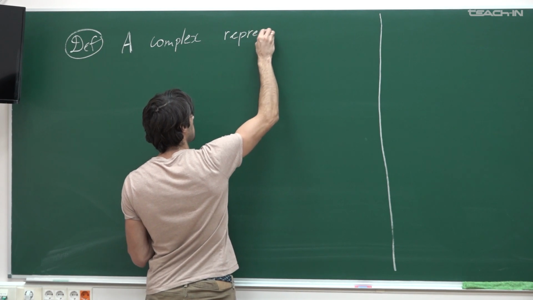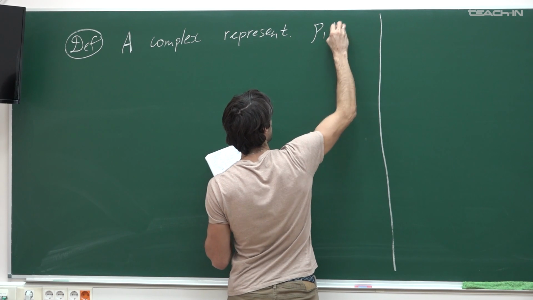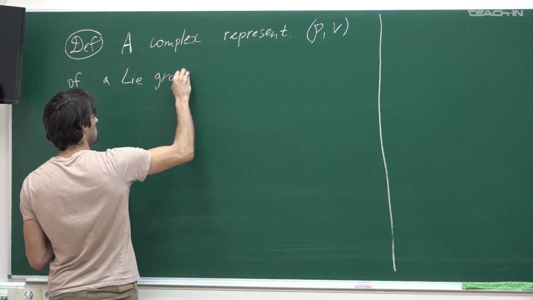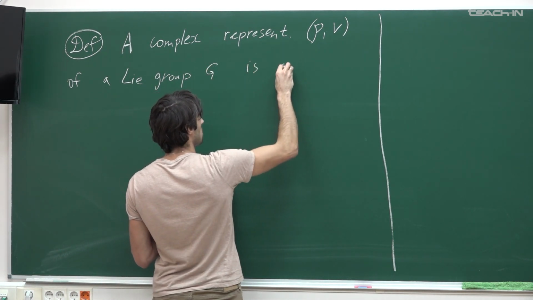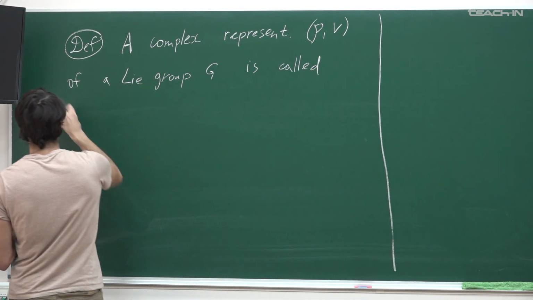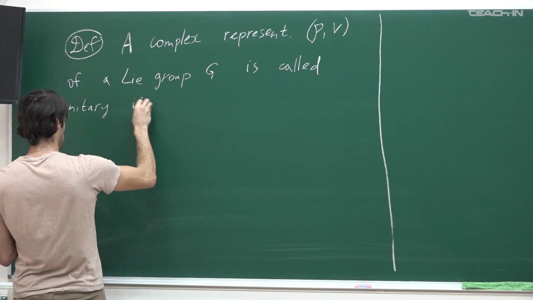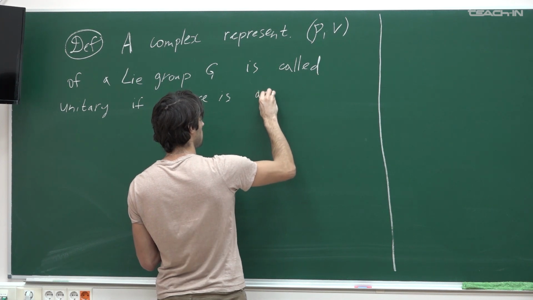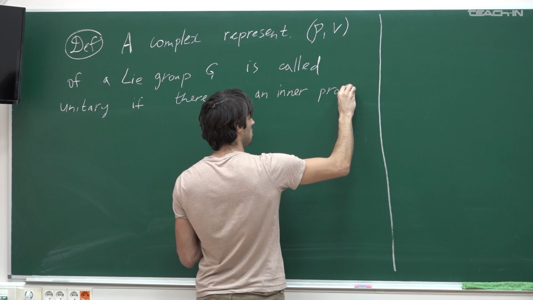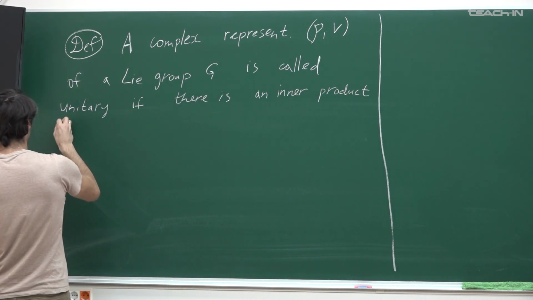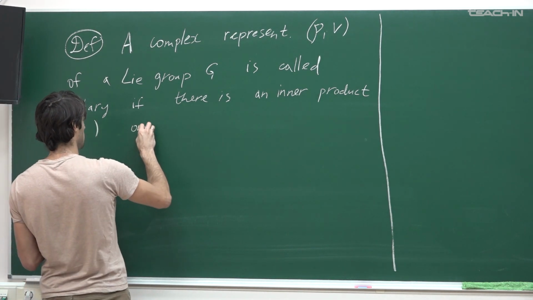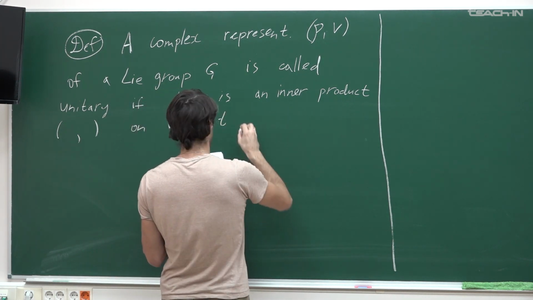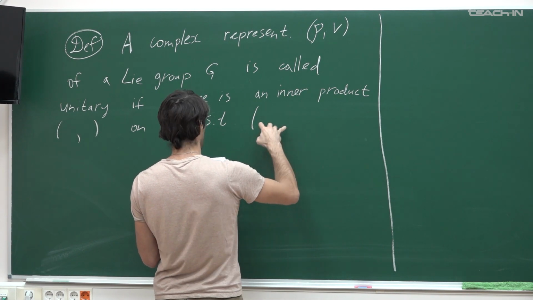A representation rho, V of a Lie group G is called unitary if there exists an inner product on V such that it's invariant with respect to the action of the group.